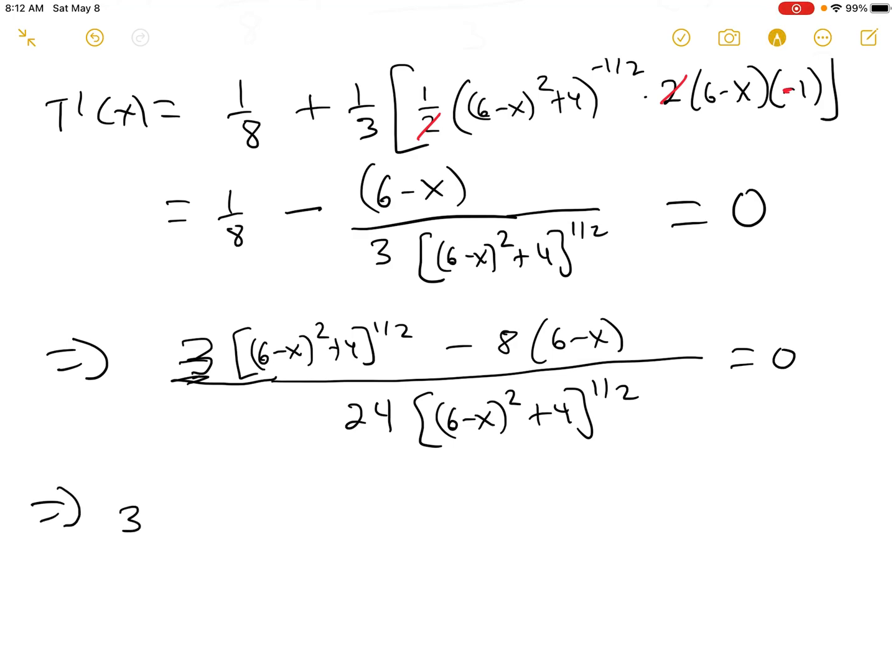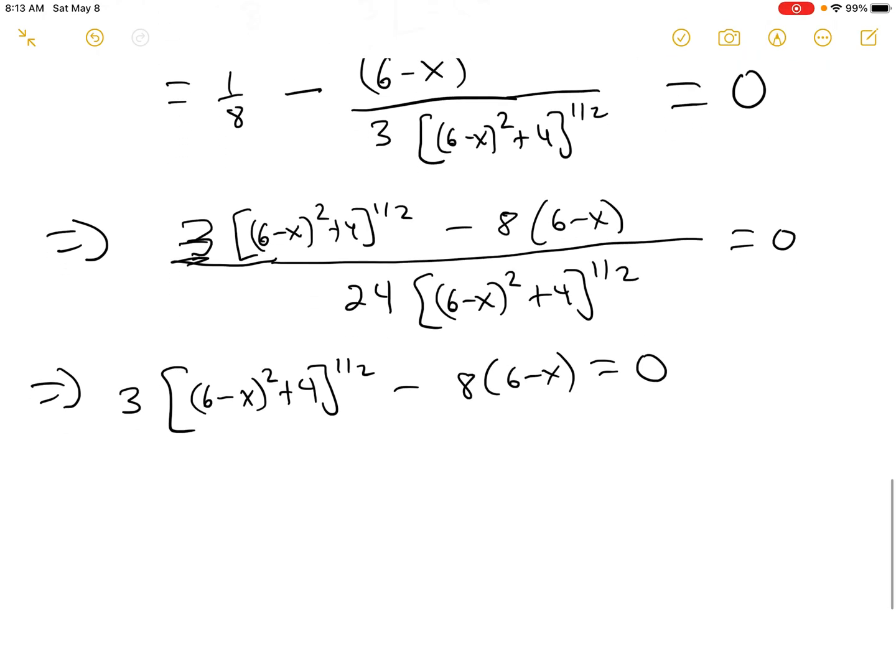So this says 3 times this guy. And thankfully that negative is there, so we isolate the square root here, which is what this is.